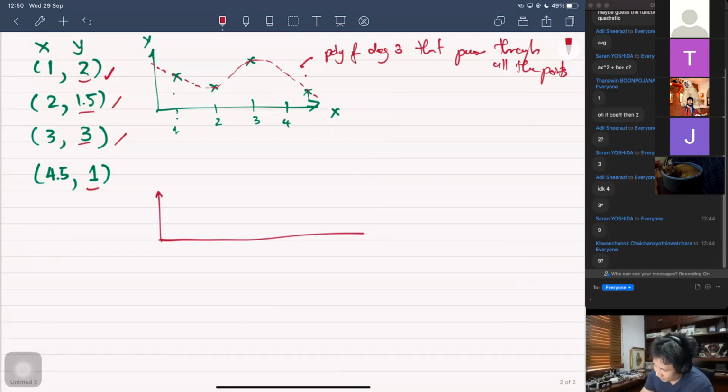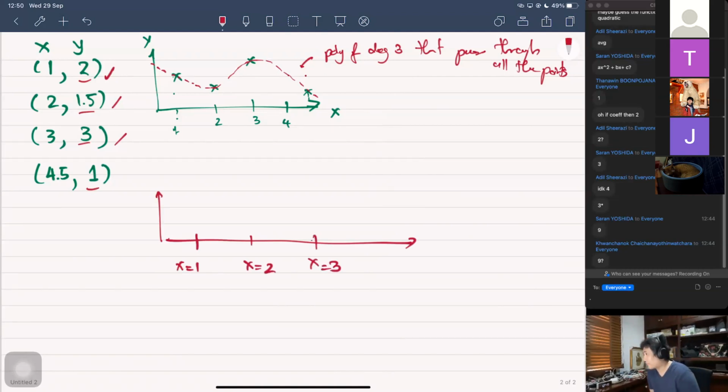I'm going to ask you the following question. Can you give me a polynomial that is 0 at x equal to 1, x equal to 2, and x equal to 3? Remember, I picked only the first 3. The fourth one is going to be non-zero. Can you give me some sort of polynomial that is guaranteed to be 0 at x equal to 1, 2, and 3? Can you give me something trivial?